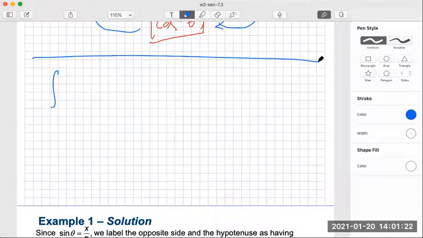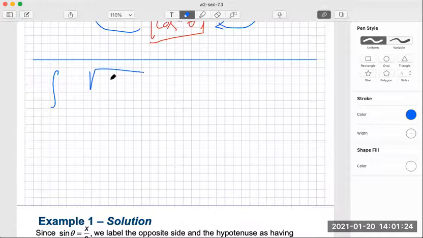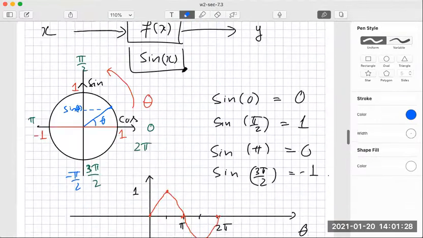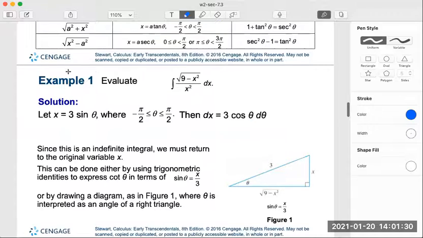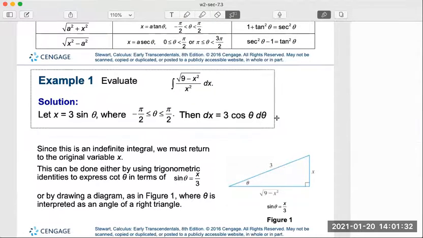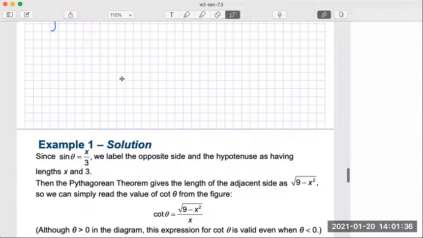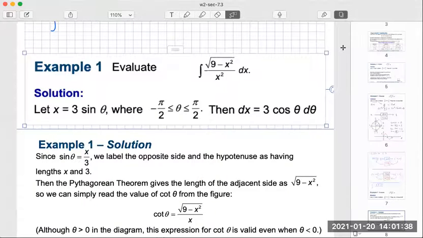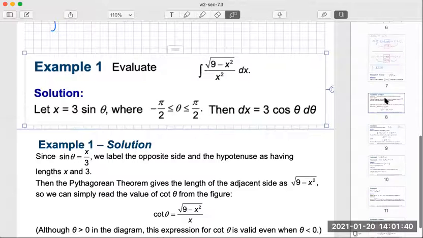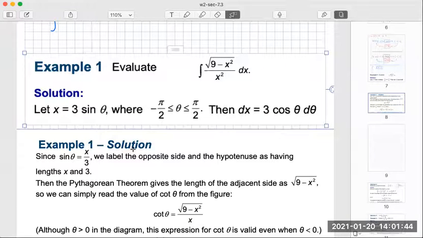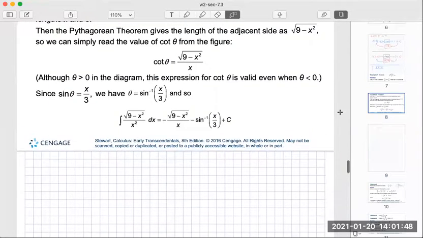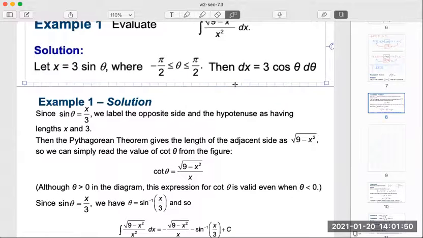Integral of square root of 9 minus x squared, let me copy it faster. So we need to find the relation between, oh, interesting.